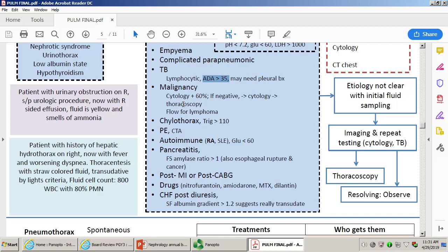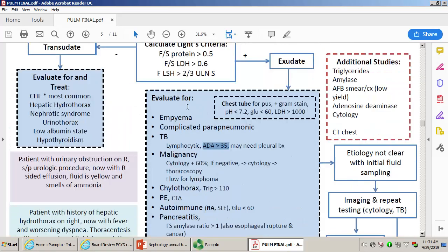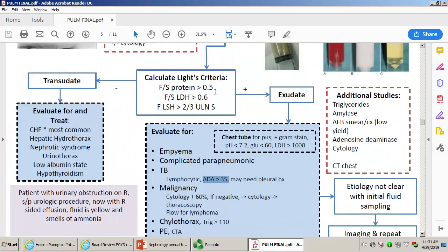It's somebody who has heart failure and you've diuresed them a lot, and then you tap them. They may meet Light's criteria just off of this one protein measurement. So that's what you would call a CHF post-diuresis effusion, where technically it's exudative, but there's no other cause, and I feel like this is secondary to the effect of the diuresis.